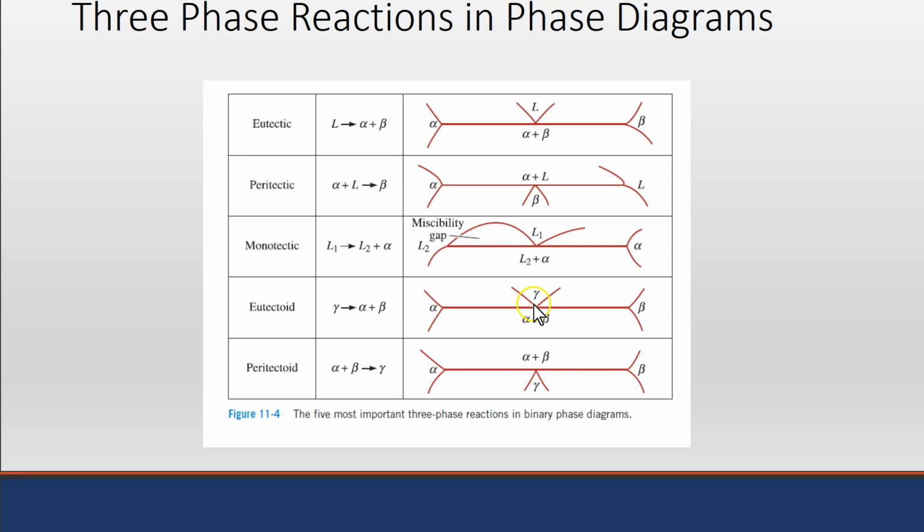So we have a solid, in this case called gamma, that wants to split into alpha and beta phases. With the peritectoid reaction, we have alpha and beta solid phases that react to form a gamma phase. Out of these, we're going to get very familiar with the eutectic and the eutectoid.